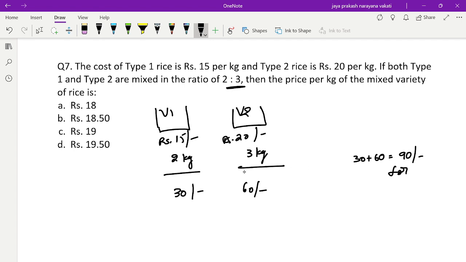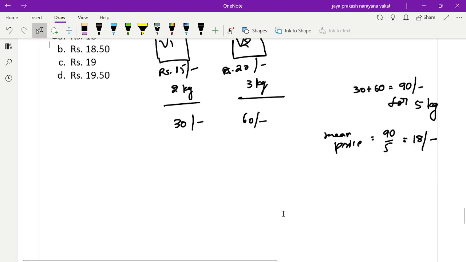Variety 1 is 2 kg and variety 2 is 3 kg, so 5 kgs. So the mean price will be 90 upon 5, which is 18 rupees. So this is my answer for the seventh problem.